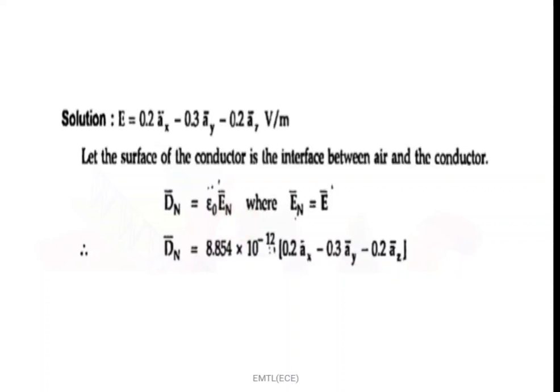By taking E normal as E bar here, D normal is obtained by substituting the E value and epsilon naught, that is 8.854 into 10 power minus 12. So clearly the normal component of electric flux density is obtained.